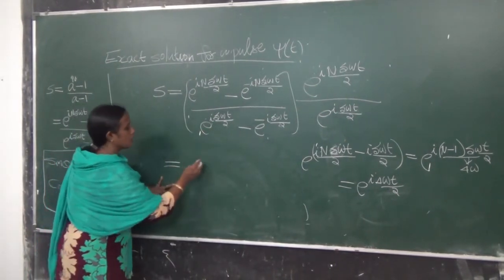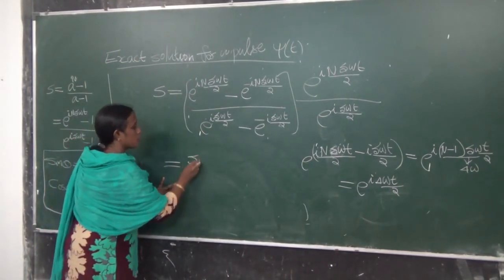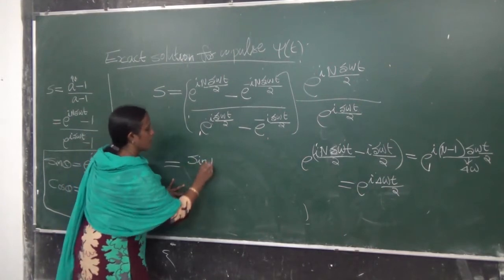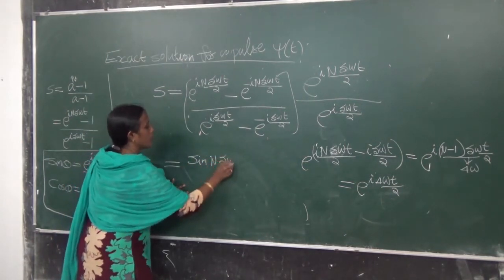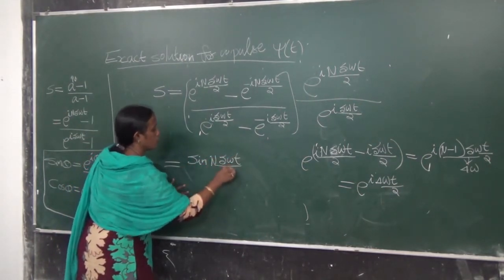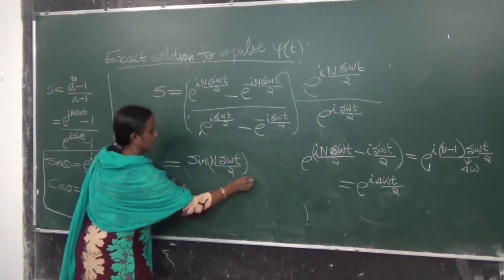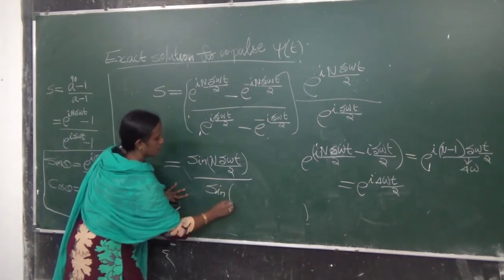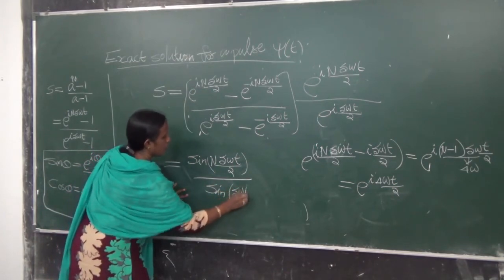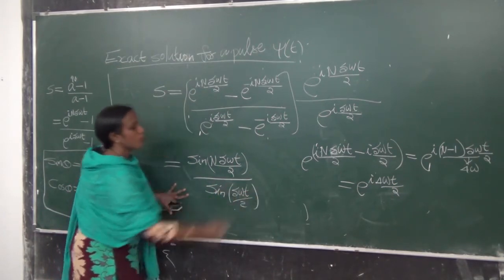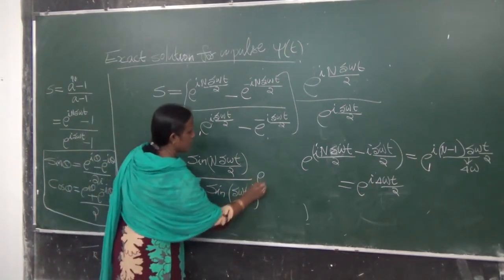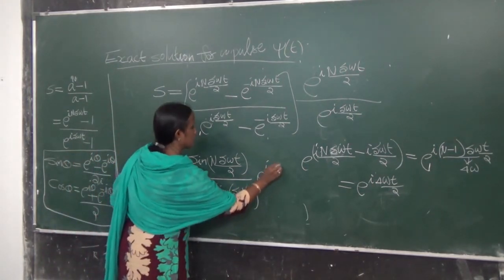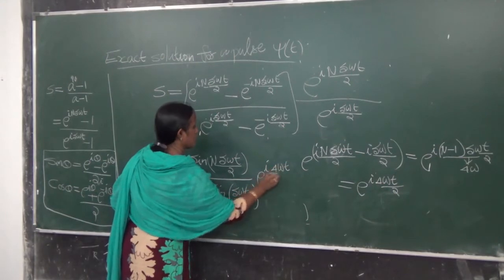Substituting all this, you get sin n delta omega t by 2 divided by sin delta omega t by 2 multiplied by e raised to i delta omega t by 2.